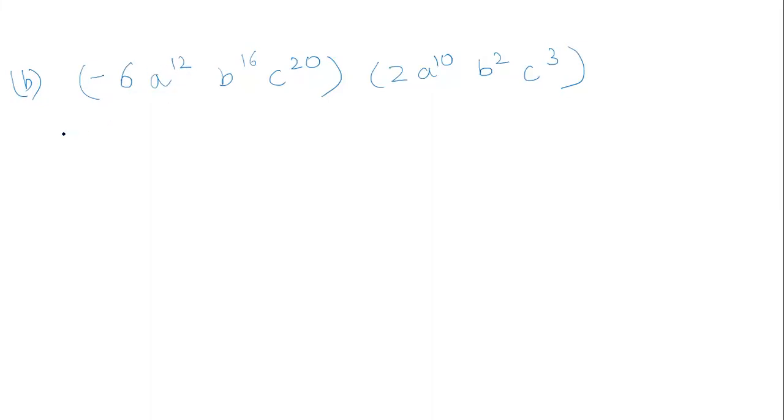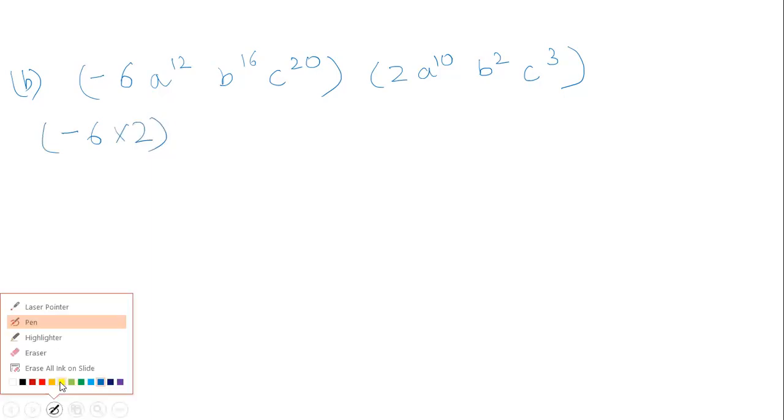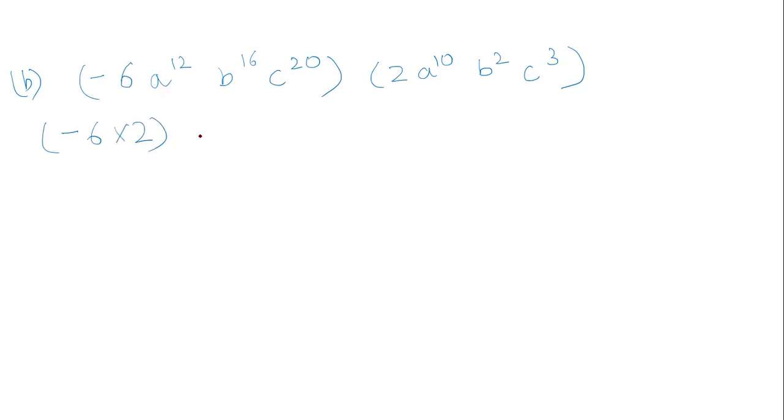Okay. minus 6 देखिए, minus 6 के साथ 2 आ जाएगा, right? And same basis हम यूज करेंगे. उसके लिए हम डिफरेंट डिफरेंट पेन यूज कर लेते हैं. A12 है यहाँ पर और यहाँ पर A10 है, तो A12 into A10. ओके.